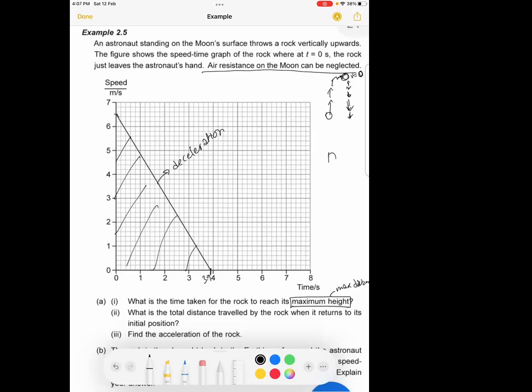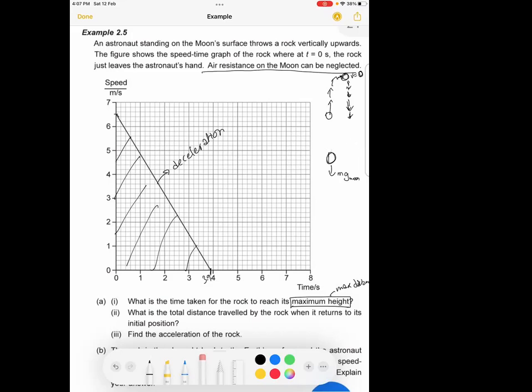No, because when an object is going upwards, the downward force is the weight, right? So on the moon, it's still going to be mg, but g of the moon. And then there is no air resistance, so I'm just going to remove this one.